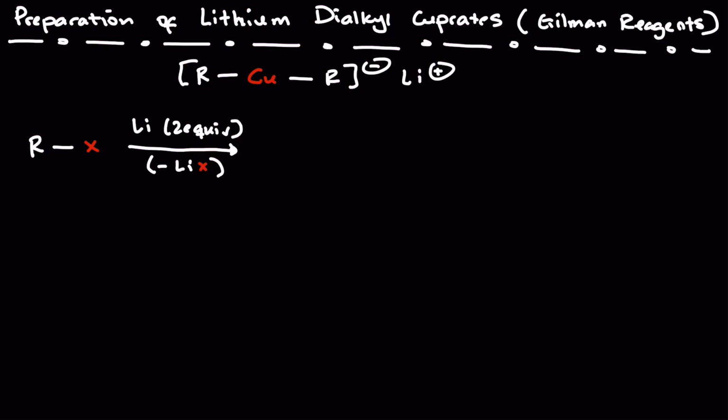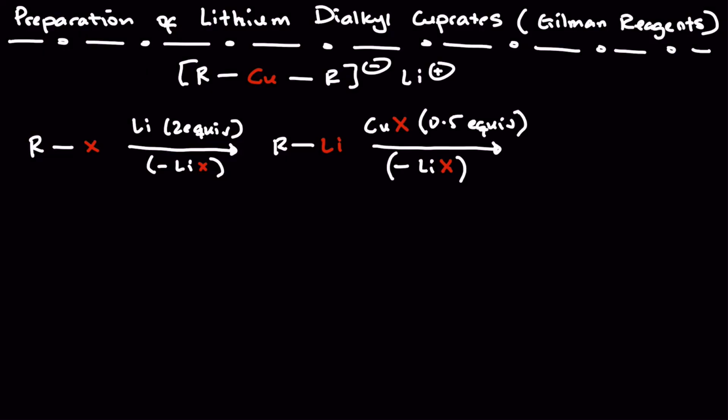And so you start, once again, with an organohalide. You treat that with 2 equivalents of lithium. Lithium halide leaves the flask, and then you end up with your organolithium species. Your organolithium species can now be treated with 0.5 equivalent, or half the equivalent, of a copper(I) halide. Once again, another equivalent of lithium halide gets removed from the flask, and then you would end up with your Gilman reagent.